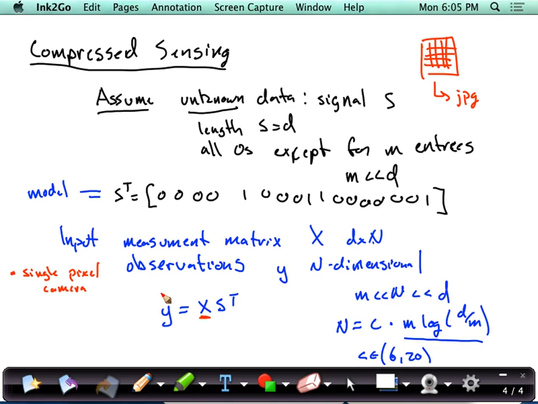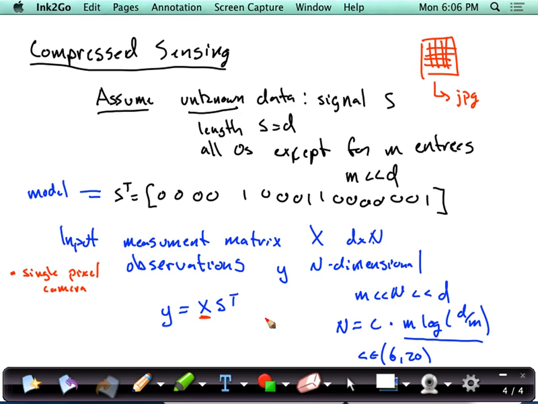And then you repeat this with a bunch of these rows, one at a time, and you're always getting a single value at a time. So if you look at your camera, it's got this sensor, and for every pixel in your image, it essentially has a single sensor that captures the light corresponding to that pixel.